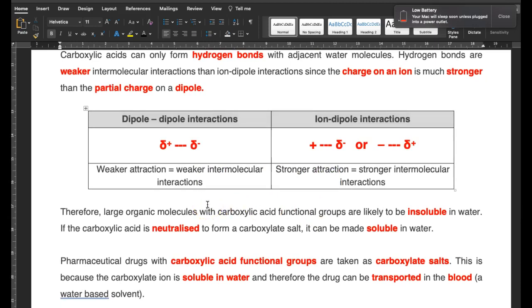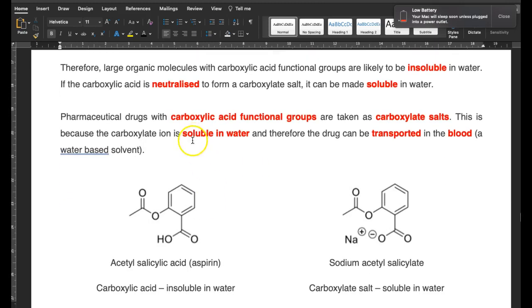So if we've got those large organic molecules with significant non-polar chains, but a carboxylic acid functional group, they're still likely to be insoluble in water. But if they form a carboxylate salt, if they're made to form the salt, then they can be made to be soluble in water. So with drugs, for example, here's acetylsalicylic acid. That's aspirin.